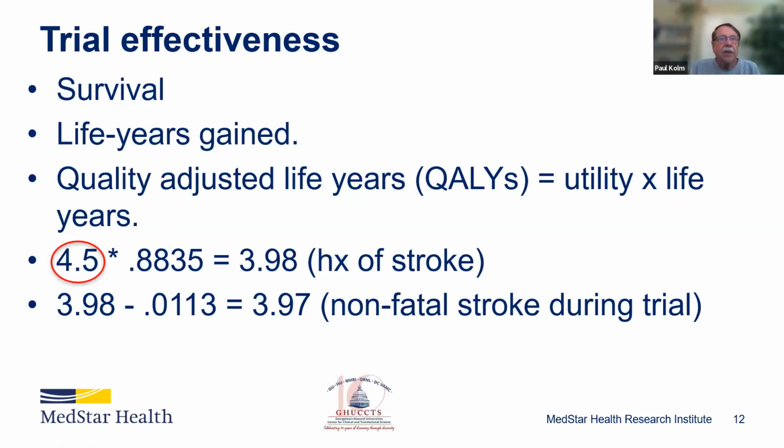And then if that patient has say a non-fatal stroke during the trial, then we're going to subtract that value, which in the previous table was 0.01 something. So we're going to end up with quality adjusted life years of 3.97 for that particular patient.